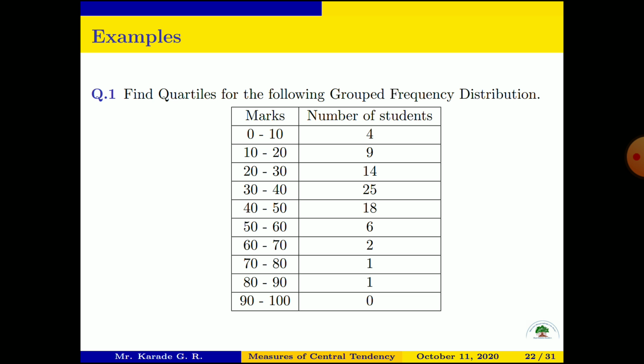So in this way, there is only one student having marks in between 80 to 90, and there are 0 students having marks in between 90 to 100. So this is the frequency distribution which we have been given, and we have to find all three quartiles for this frequency distribution.